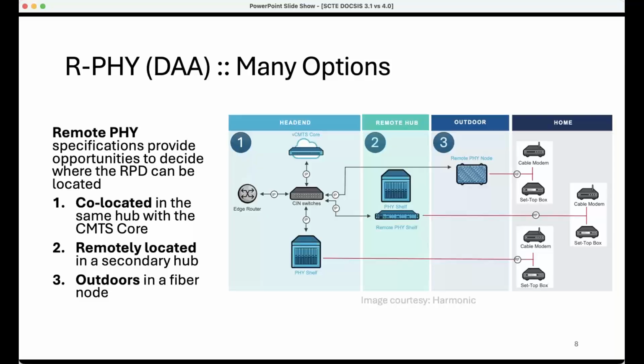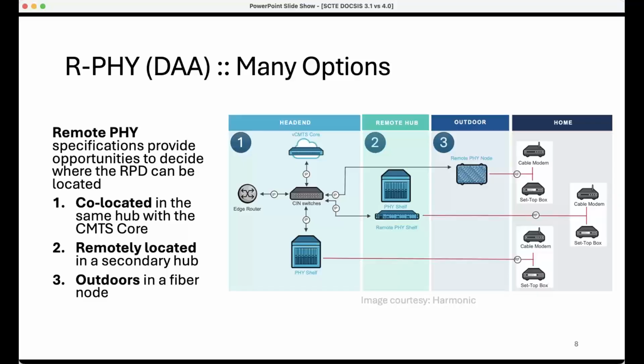The RPD is connected to either the vCMTS or the DAA-enabled legacy CMTS via that fiber optic cable, which is typically running at 10 gigabits per second digitally. So there's no analog between the brains of the CMTS and the RPD.